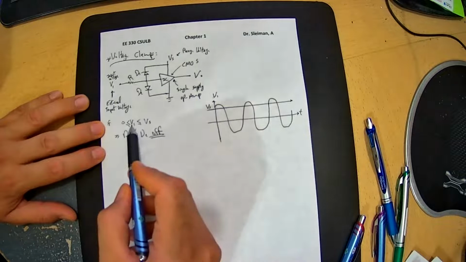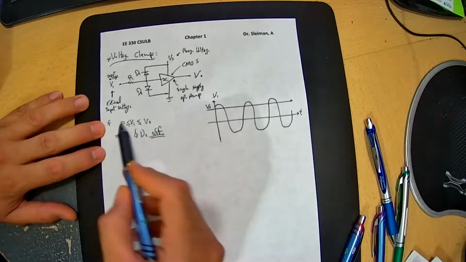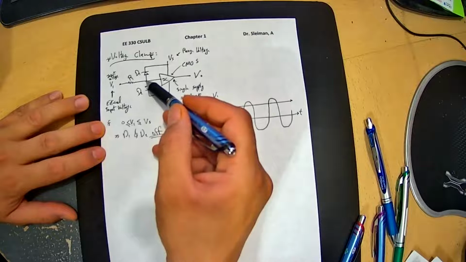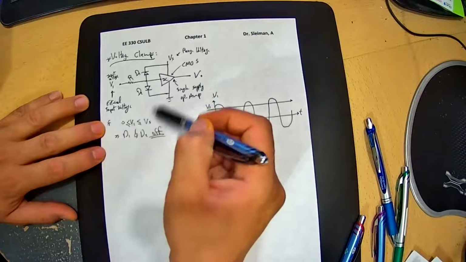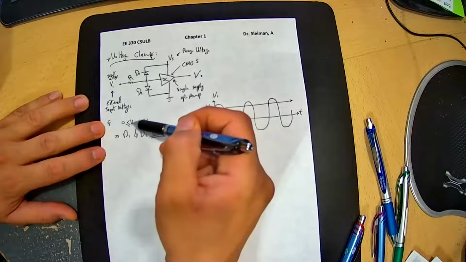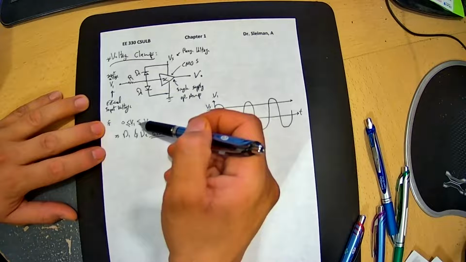If V1 is greater than 0, that means it's forward biased. If V1 is less than Vs, it's reverse biased, in case Vs is greater than V1.